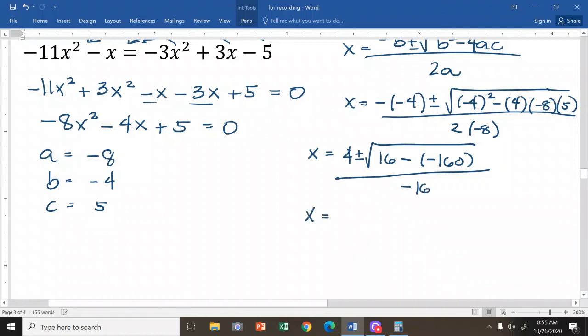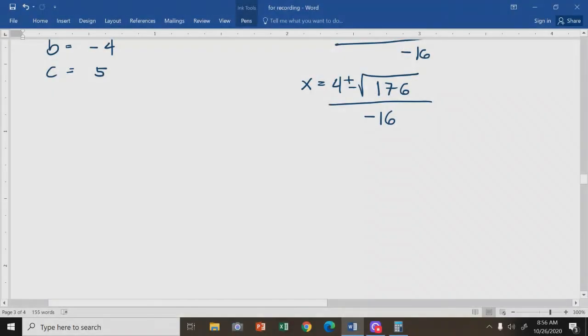So, this one is x is equal to 4 plus minus. So itong 16 minus negative 160 is equal to 176. Okay, so over negative 16. Itong square root of 176 is hindi siya perfect square. So, factor natin siya.